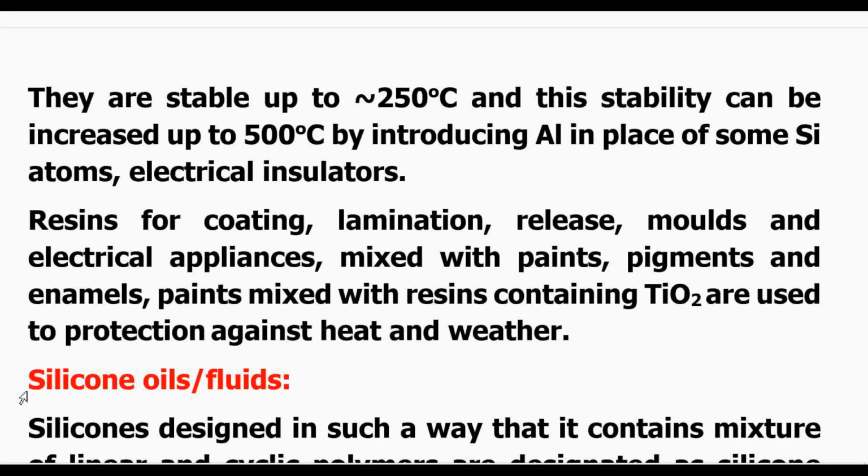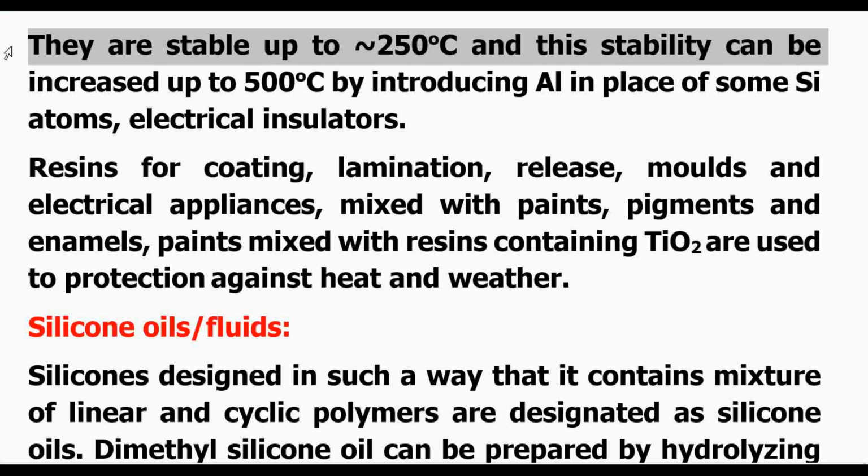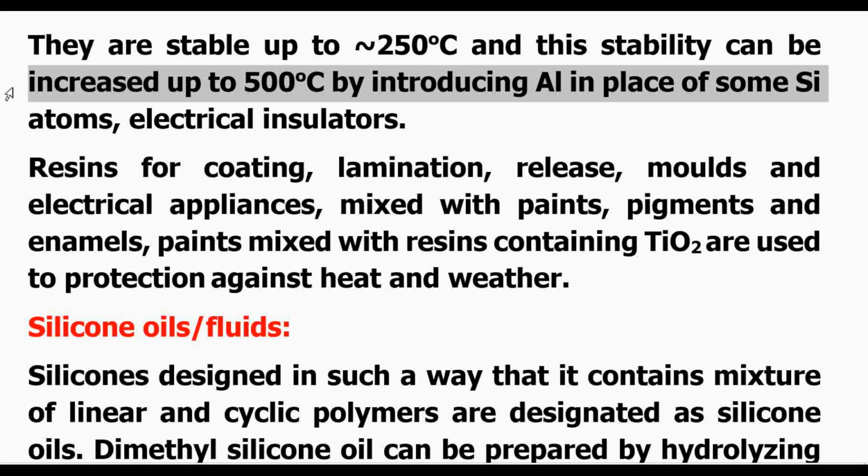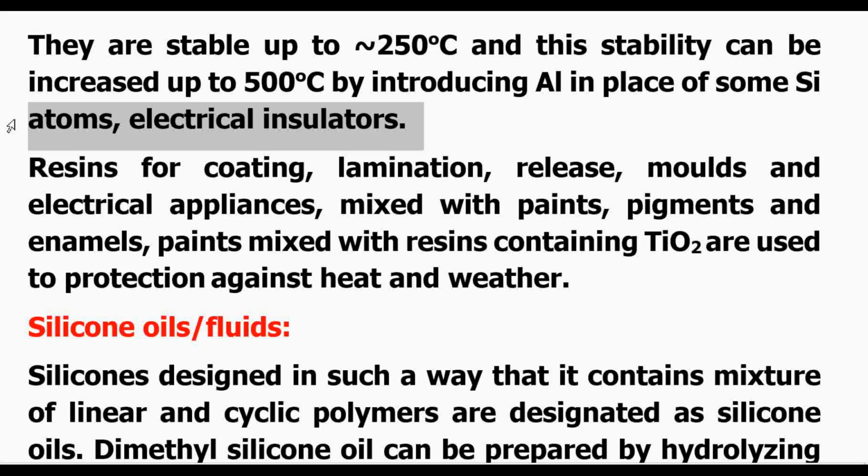Now these silicone resins are stable up to around 250 degrees Celsius, and by proper engineering or choosing proper constituents or introducing elements like aluminum and titanium, you can increase the thermal stability of these resins up to around 500 degrees Celsius, and therefore these materials are used as electrical insulators.